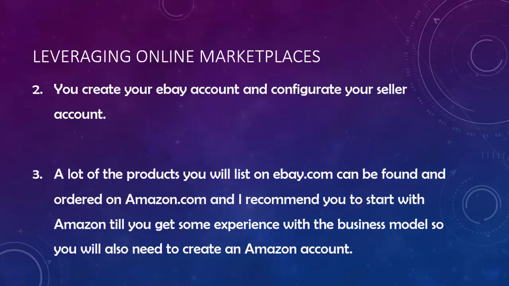So you will also need to create an Amazon account. Practically, the third step is to create your buyer account on the other marketplaces from which you want to order your products and drop ship them directly to your client.